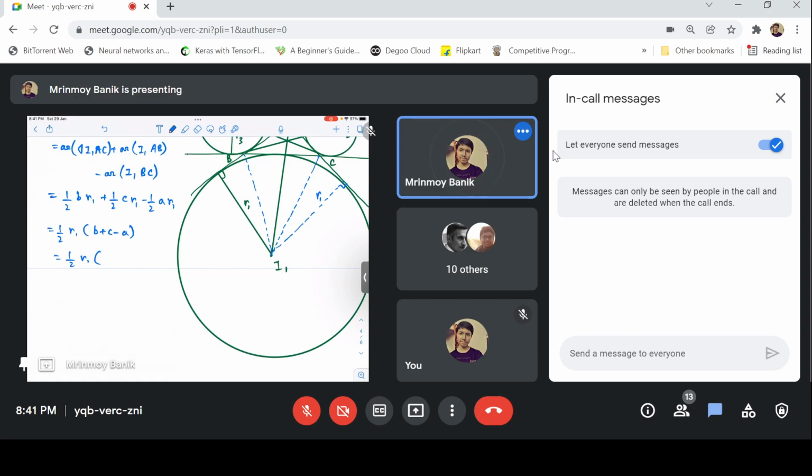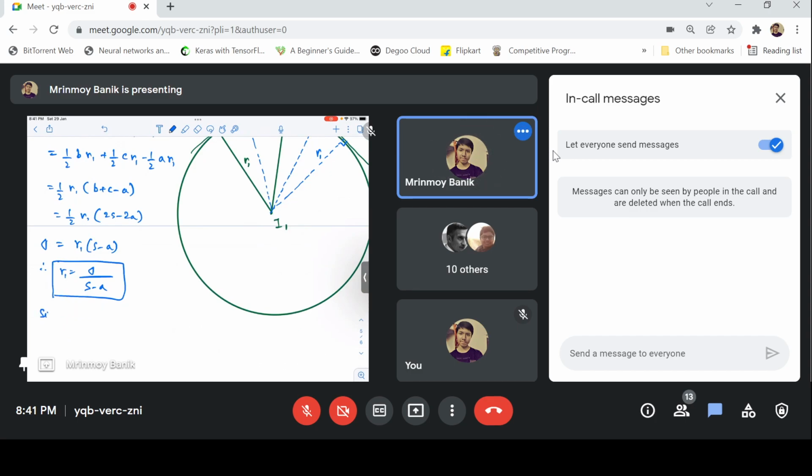It's 2s minus 2a. Similarly, we can prove for the other two excentres.